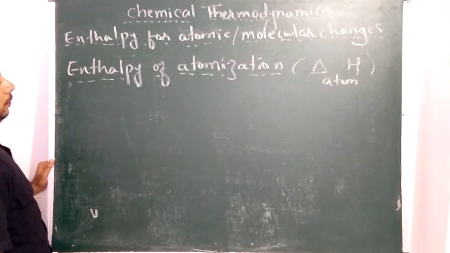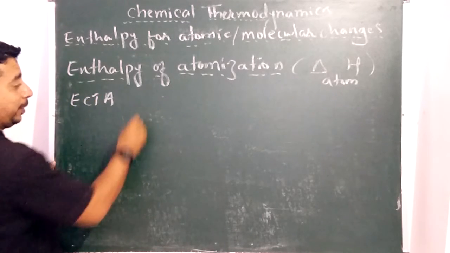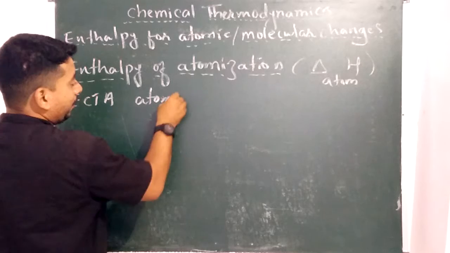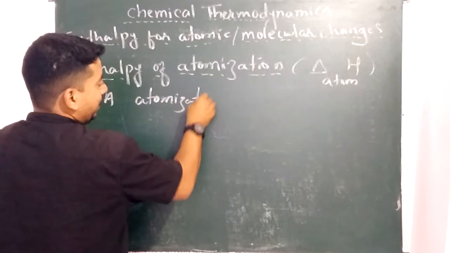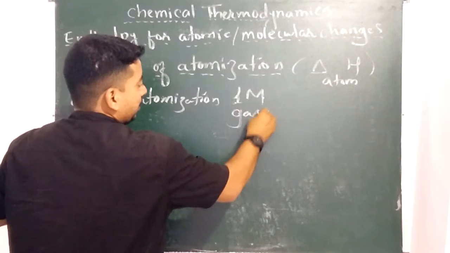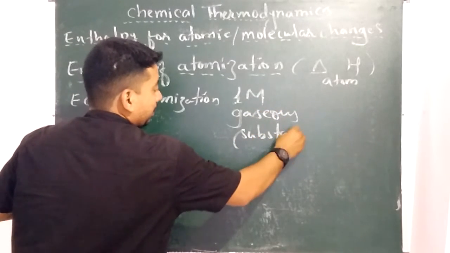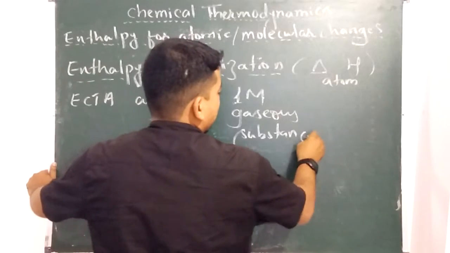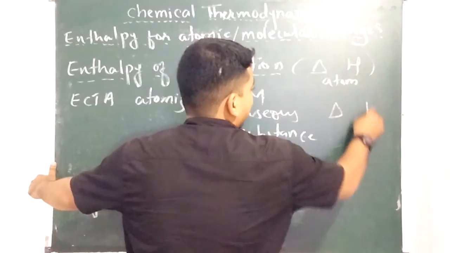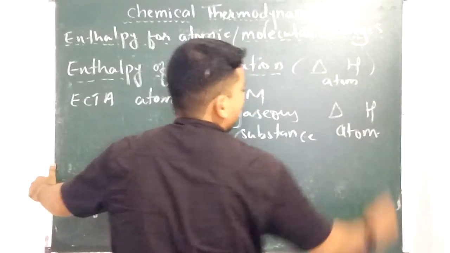Enthalpy change that accompanies the atomization of what? 1 mole of gaseous substance is called as enthalpy of atomization. It is shown by delta H ATOM.